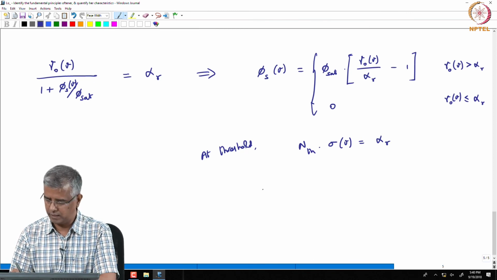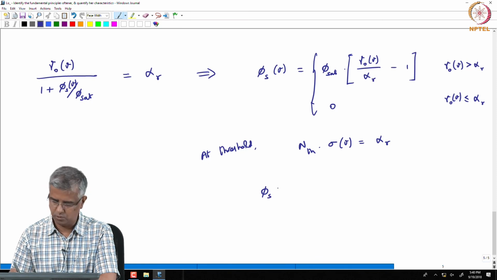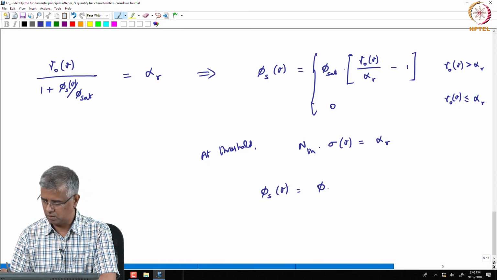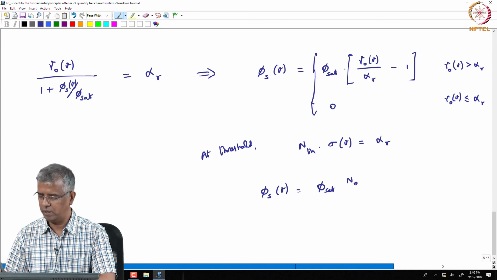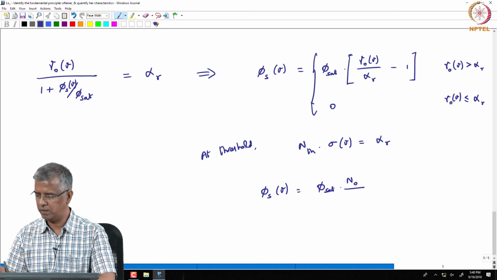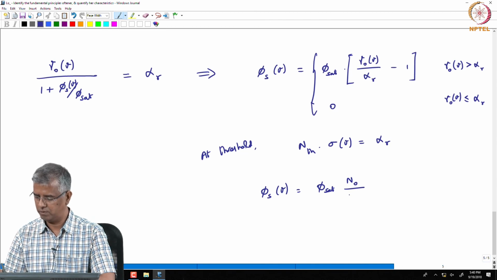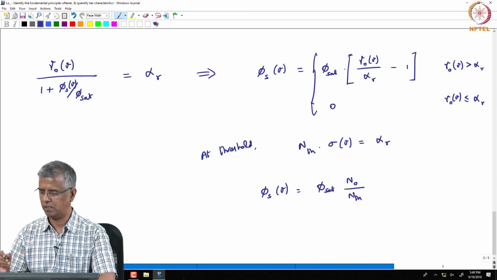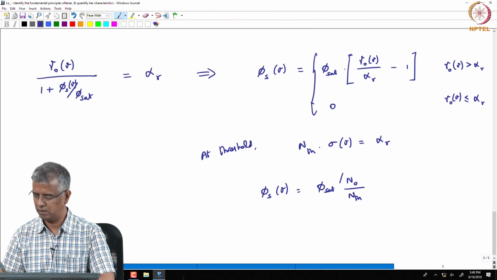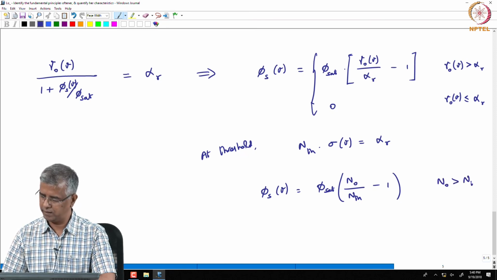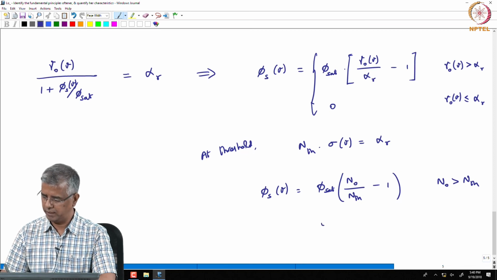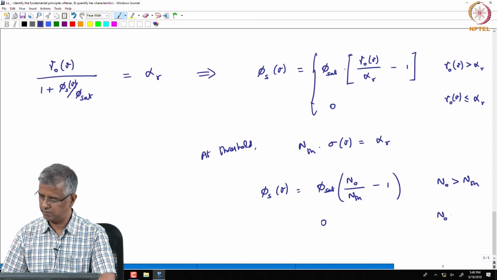I can just write this as phi s of nu equal to phi sat multiplied by, gamma naught can be written as n naught multiplied by sigma, but in the denominator you have n threshold multiplied by sigma. So, the sigma would get cancelled, minus 1 for n naught greater than n threshold and 0 otherwise.